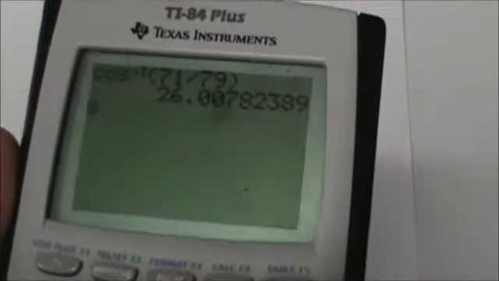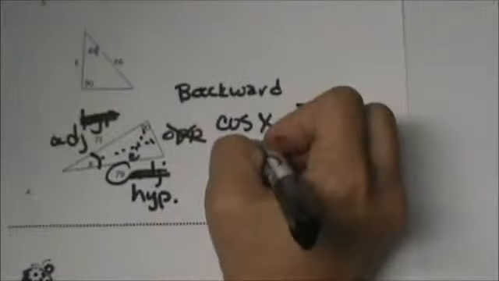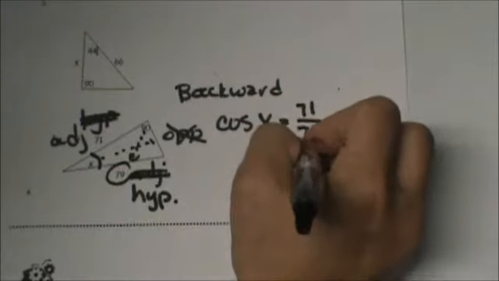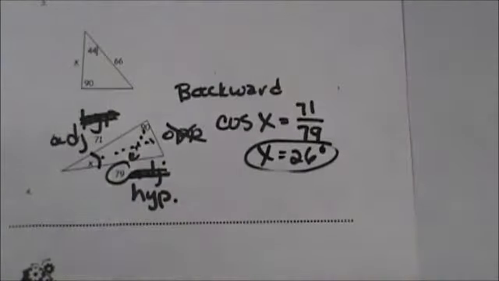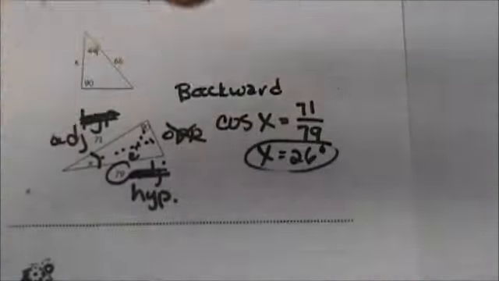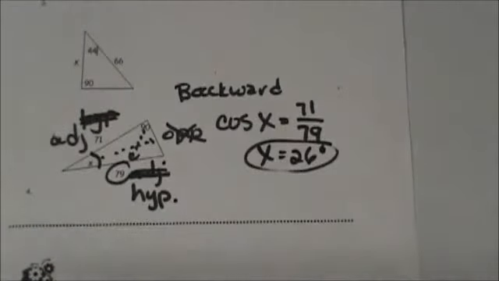And the answer is 26 degrees. So x is 26. Okay. Had I done it wrong and put the 79 over 71, it actually would have come up with an error because the ratio of cosine can't be greater than 1. So it would have given me an error anyway.